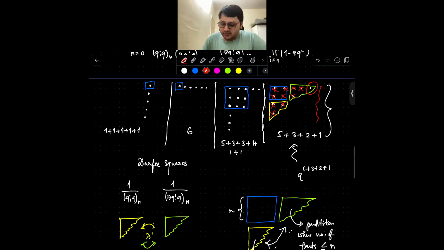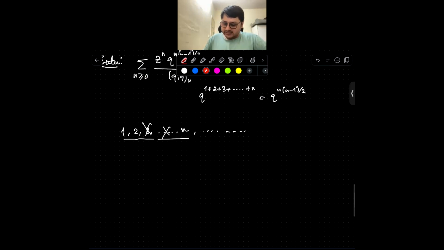We can look at a different example as well, so that this is clearer. Let's say I pick a longer one, whatever this is. Let's say this is a distinct parts partition.